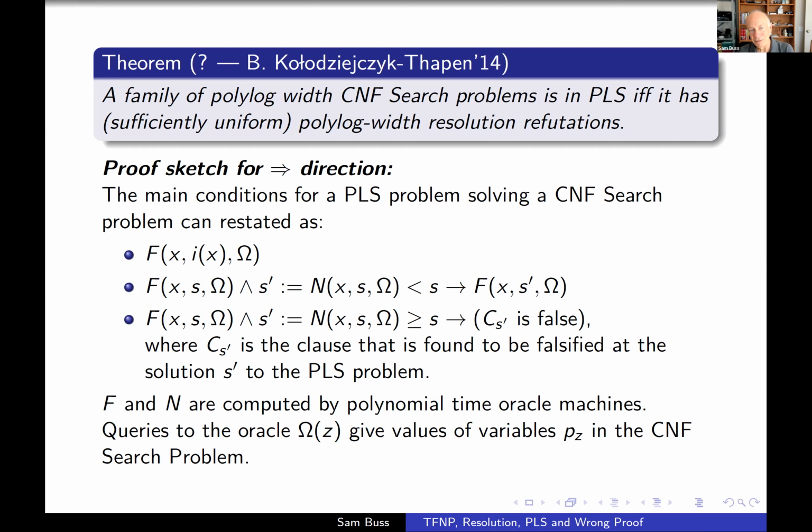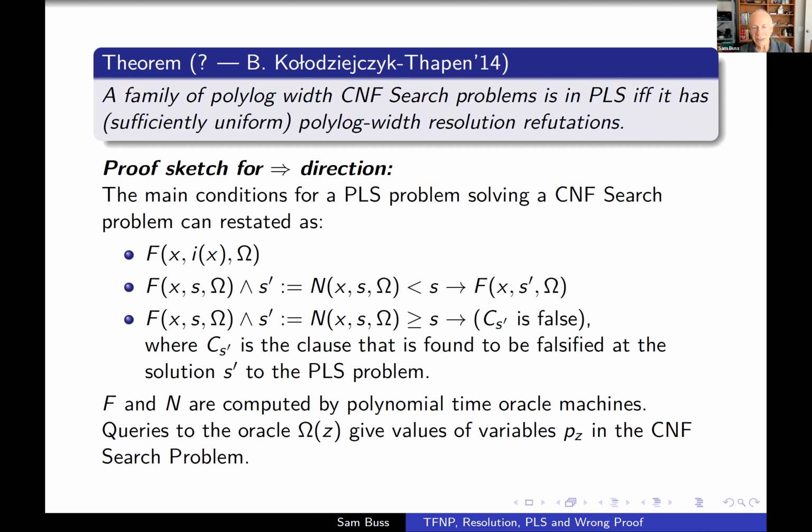If S is feasible for X, F(X, S, omega) holds, and S' is the neighbor of S as given by the function N. If S' is less than S, then S' is also feasible for X, F(X, S', omega). And if S' is greater than or equal to S, then we're at a solution to the PLS problem. And the solution is supposed to give us a falsified clause. So we just let C_S' be the falsified clause that's given to us by the solution.